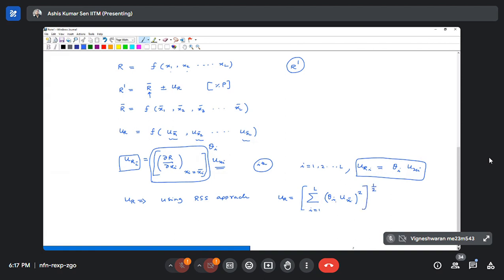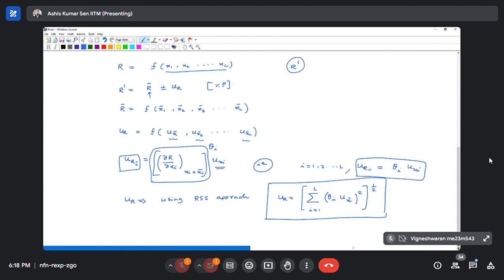So you multiply theta i with Uxi, square of that, and you do that for i equal to 1 to L, and then whatever you get, you take the square root of that. So this is one approach to find the uncertainty in the result, where the result depends on many different variables xi where i equal to 1 to L. Okay, so this is one approach.